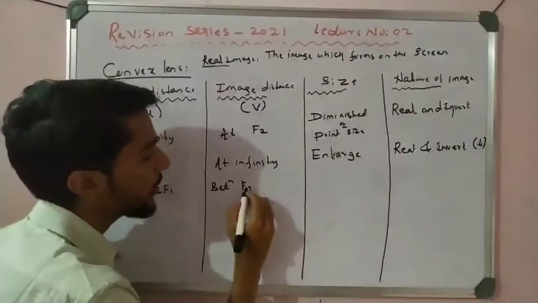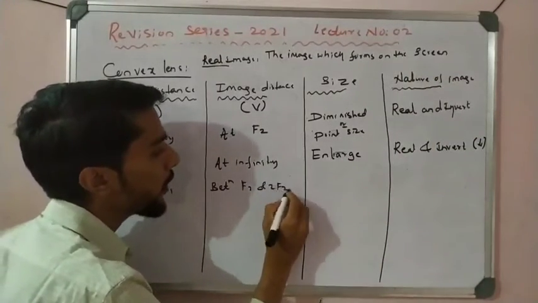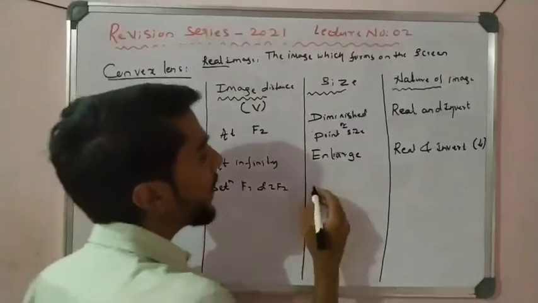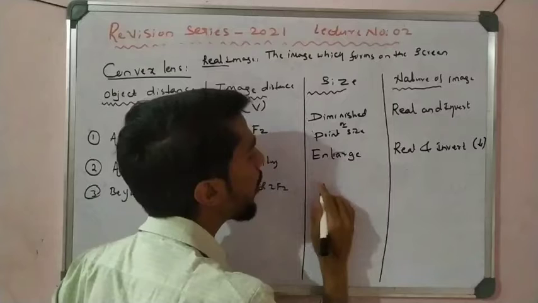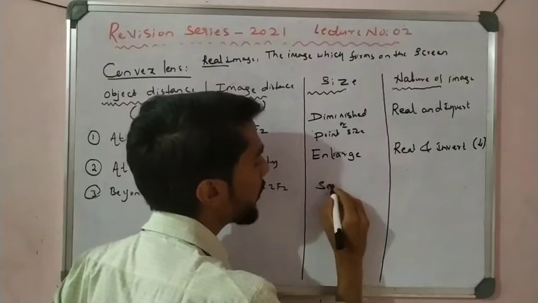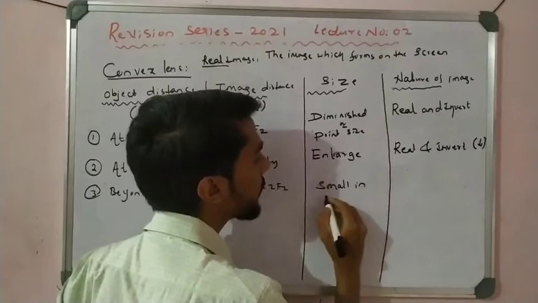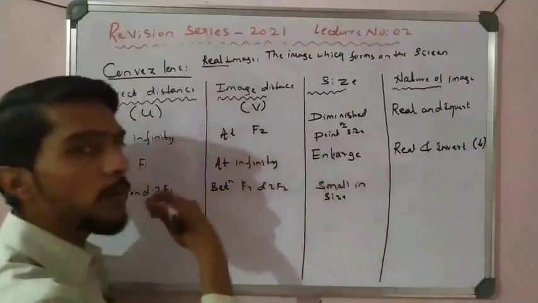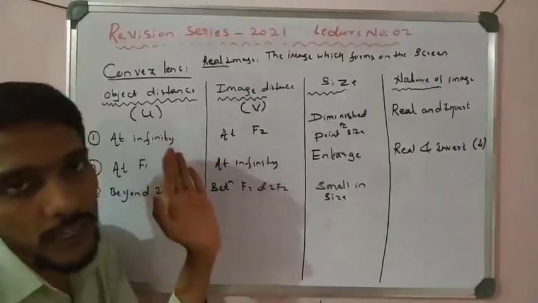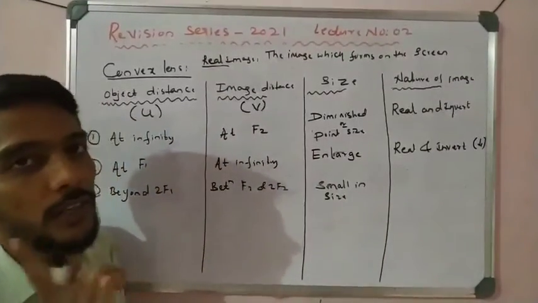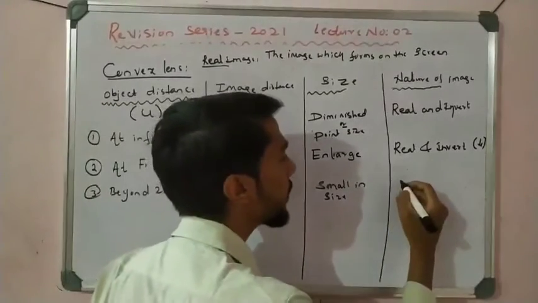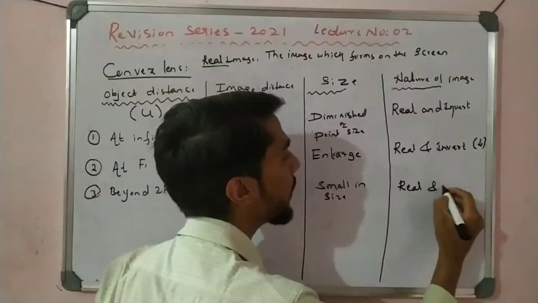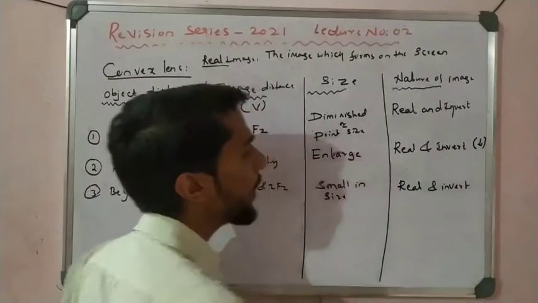So in that case, the image is small in size as compared to the object. If the object is 1 centimeter, the image is half centimeter, like that, smaller in size than the object. And here also the same, it is real and inward, real and inward.